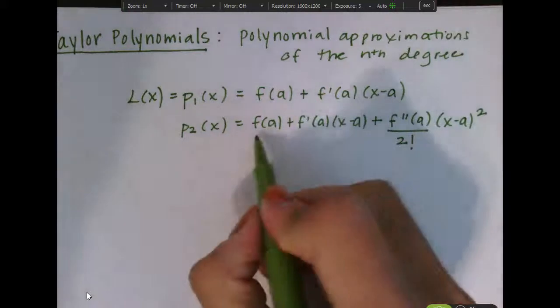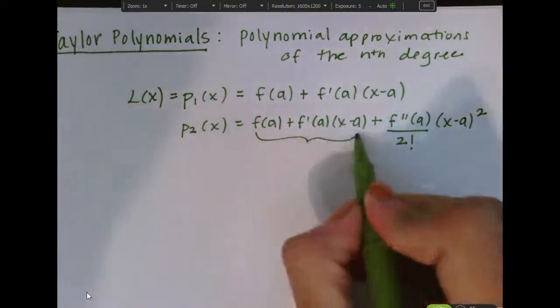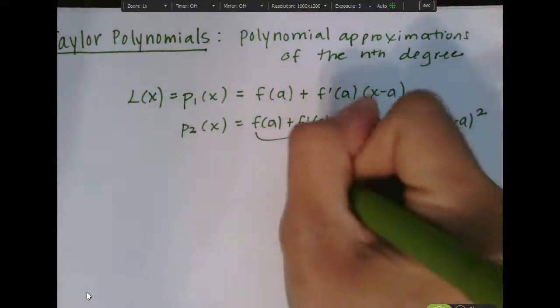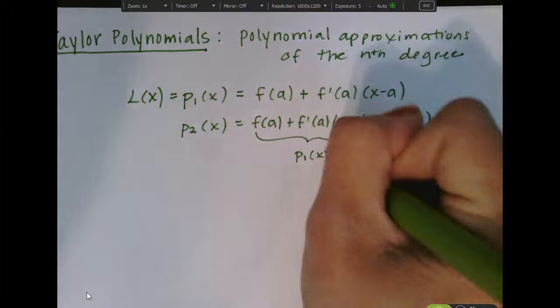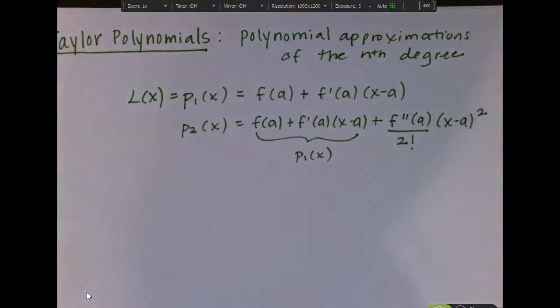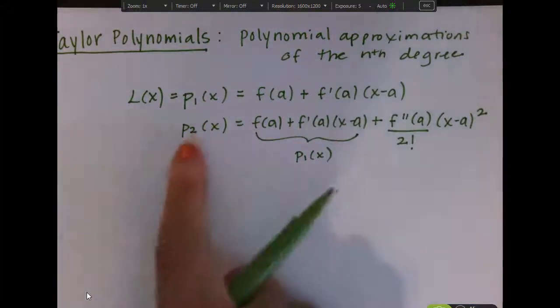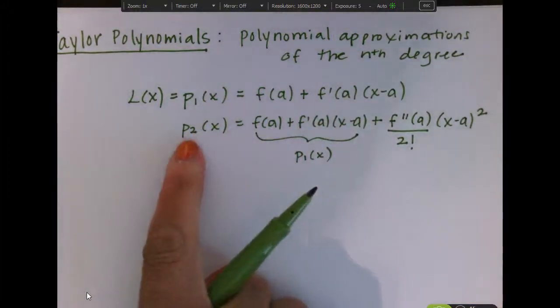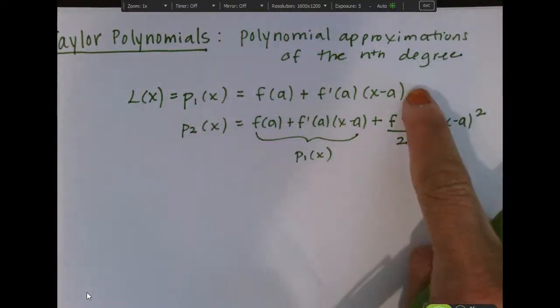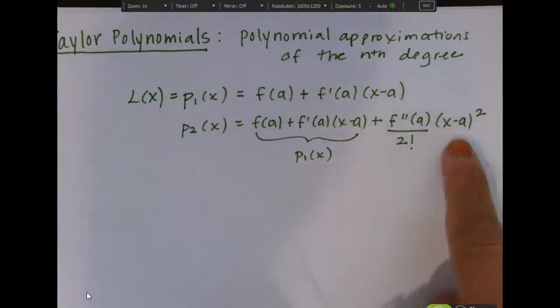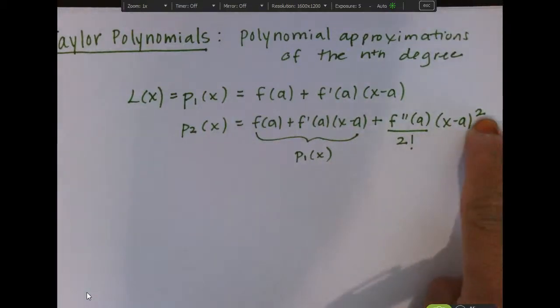So notice here that this whole expression is your linear or P1 approximation. So the P2 approximation is formed by taking your P1 approximation and then adding another approximation to it, which in this case we get something quadratic.